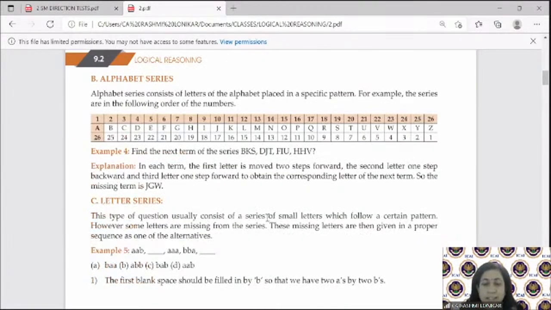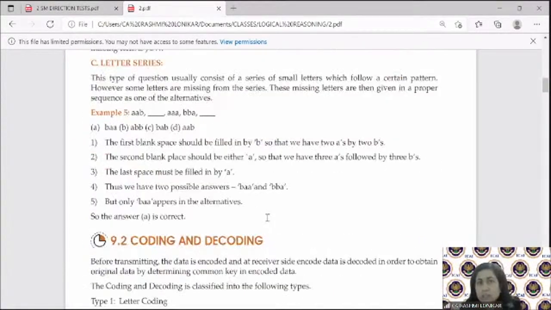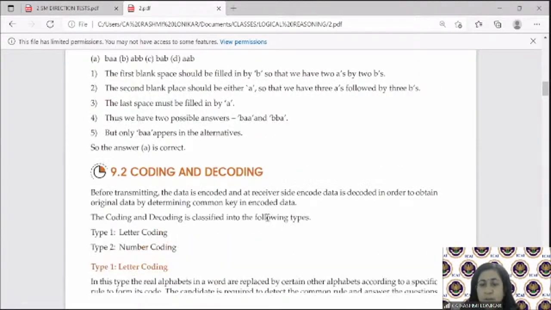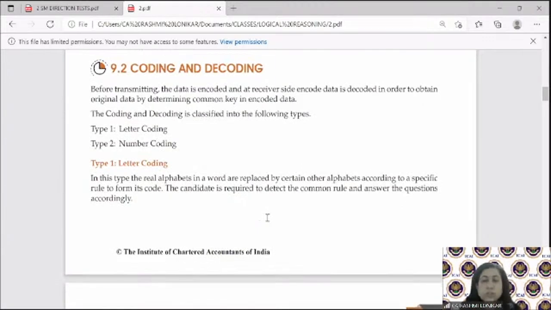Then you may have letter series also. Okay, so you may have ABB, ABB, and then the series is that way. Then ABC, BCD. Okay, so you may have those types of series also. Then coding and decoding. So you may have letter coding and you may have number coding. As I already told you, numbers are represented by letters or letters are represented by numbers.